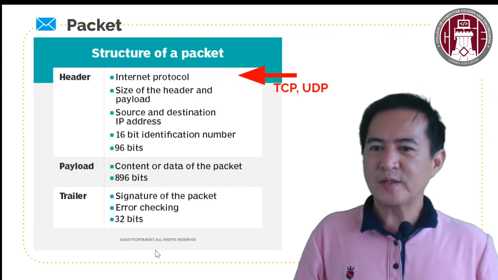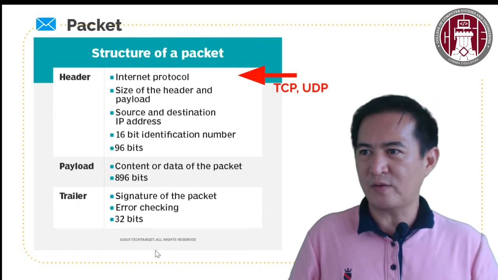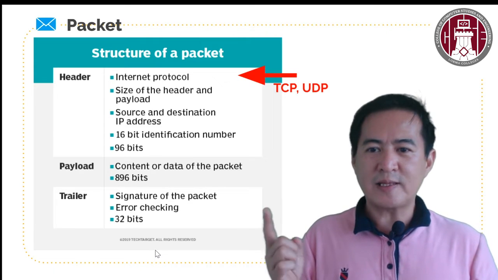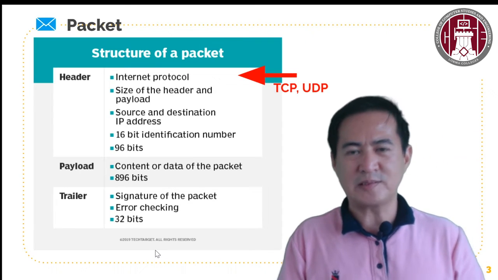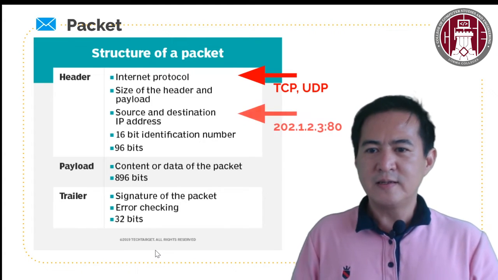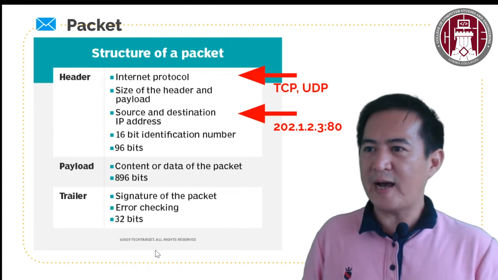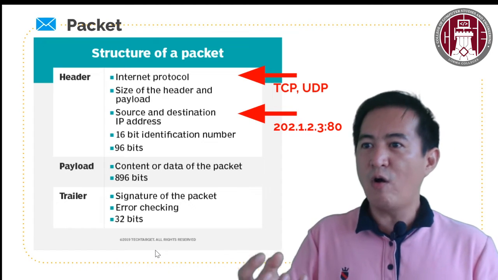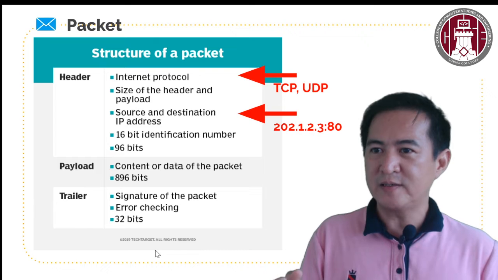First, you get the internet protocol. Each packet that comes in or goes out has some kind of protocol, for example TCP and UDP. Next, we also have the IP address, the IP address of the source or the IP address of the destination.